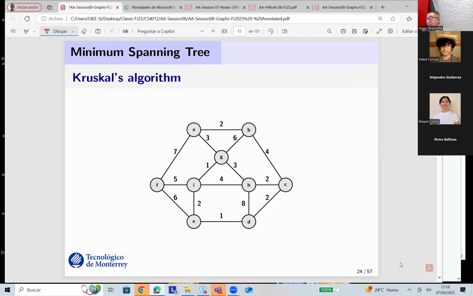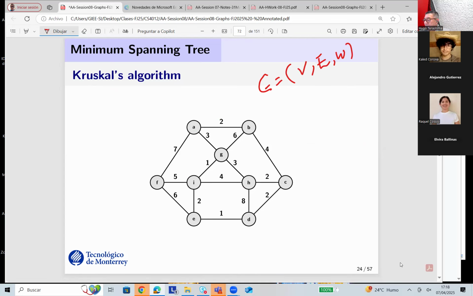So I have this graph, right? Do you agree that this is G, this is E, and actually it's a W also, right? Yes. So I need to find the minimum spanning tree. It is a tree, so it won't have cycles. It's going to be spanning because it's going to contain all the nodes in G. And also it's going to be the minimum, which means that once you sum up all the edges in the MST, that value is the minimum that you can get, right?